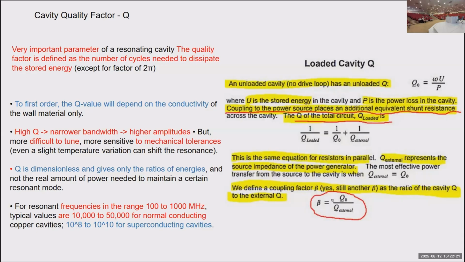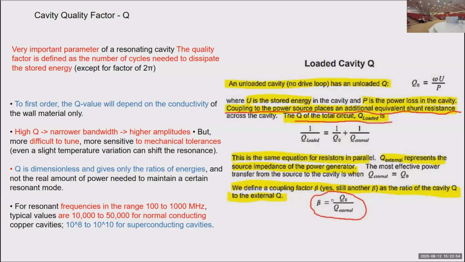It mostly depends on the resistance and the conductivity. And you can write the loaded cavity. The loaded cavity, this one external, the external input is related to the unloaded cavity, with Q0 inversely proportional to it.